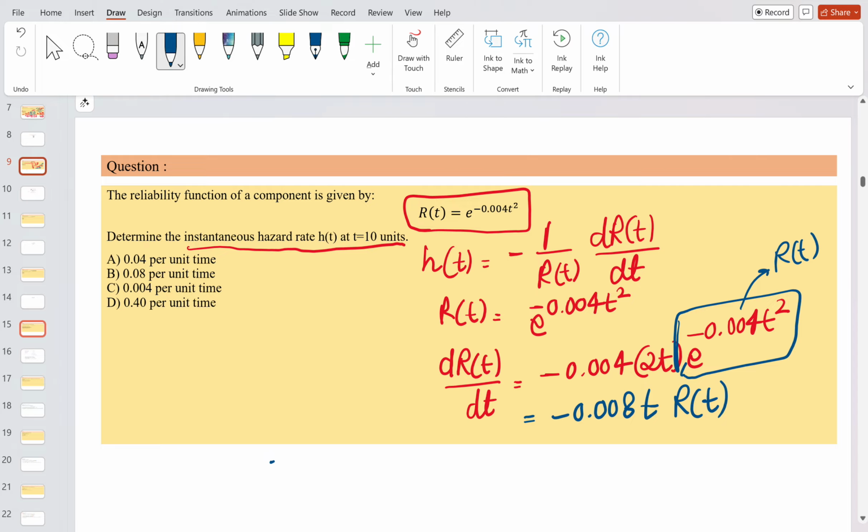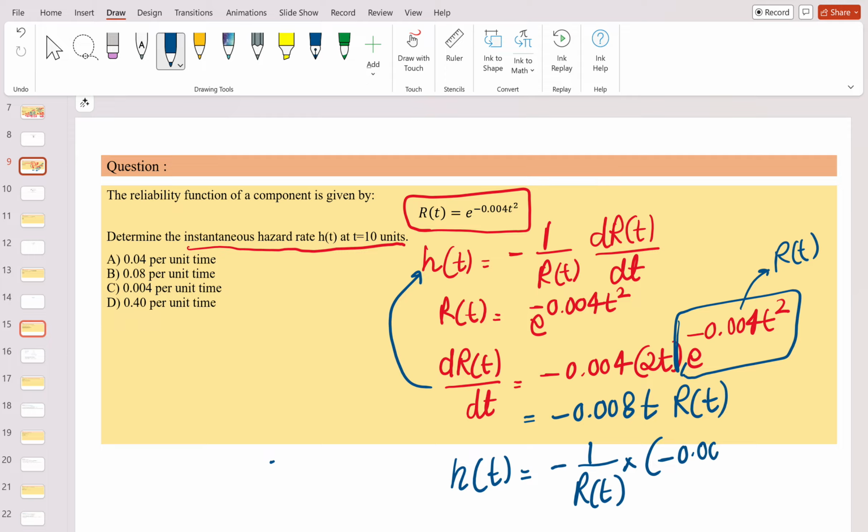Then put this into the H(t) equation. So H(t) is equal to minus 1 upon R(t) multiplied by minus 0.008 t R(t). When you solve this, R(t) will get cancelled out, and the H(t) equation will come out to be plus 0.008 t.